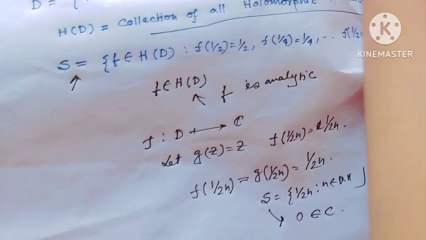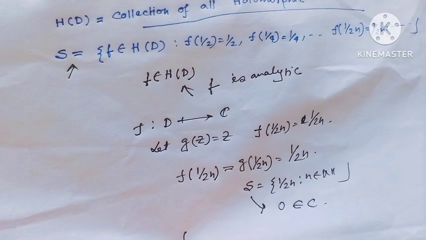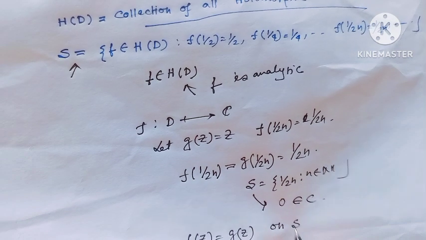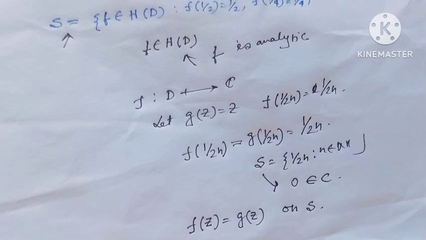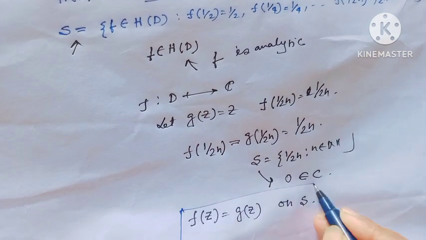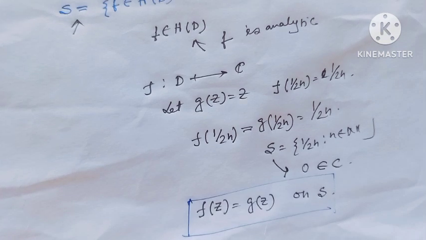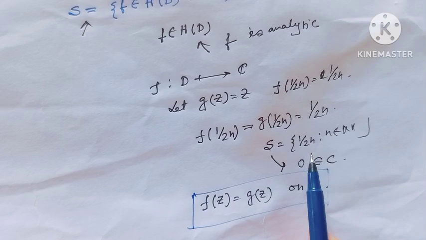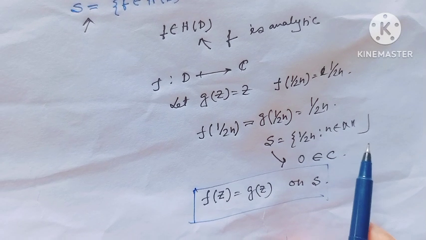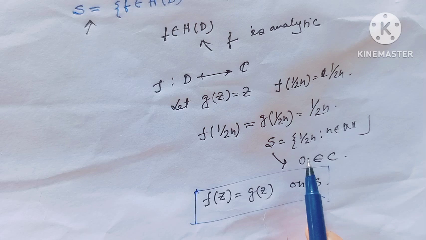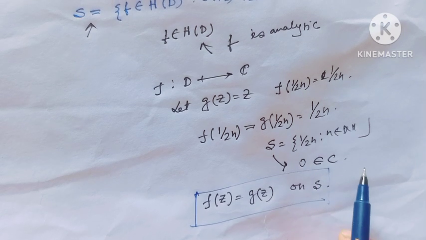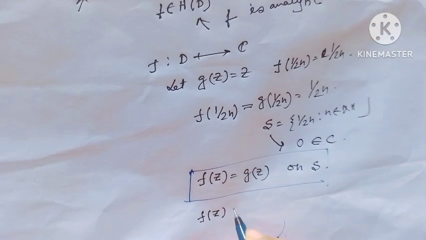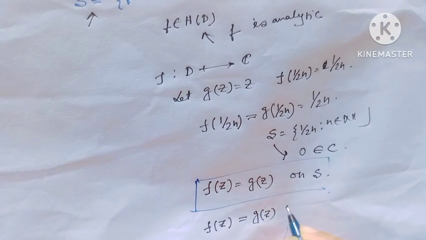So here by the identity theorem we can tell f(z) equals g(z), and this is true on the set S. Since S contains the sequence 1/2n where n belongs to the natural numbers, and the limit point of this set S lies in the complex plane, by the identity theorem we can extend f(z) equals g(z) to the whole complex plane.